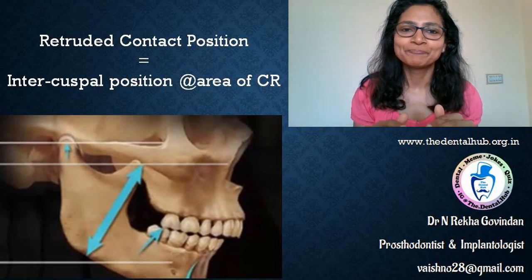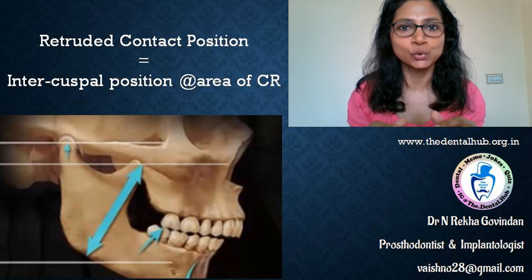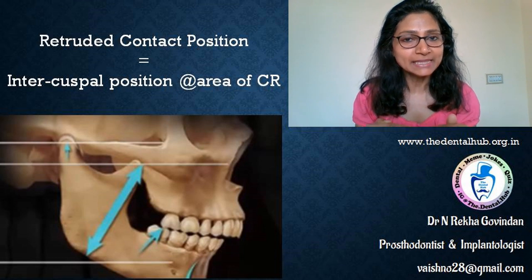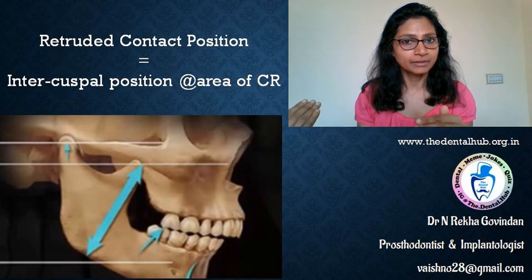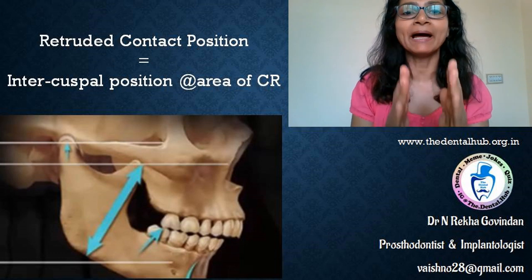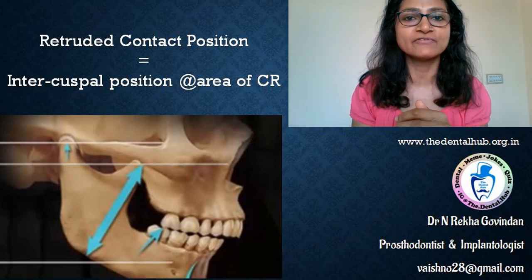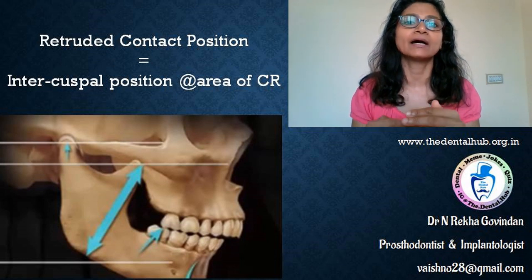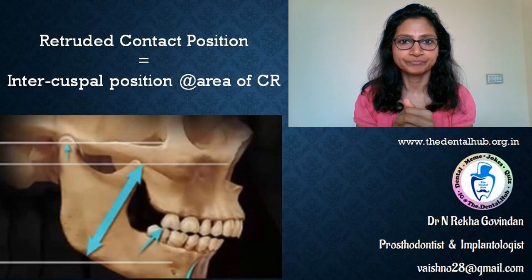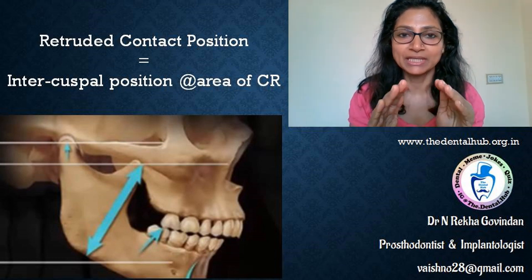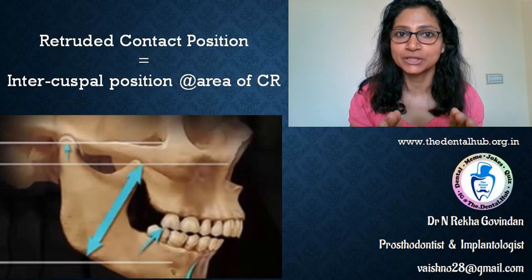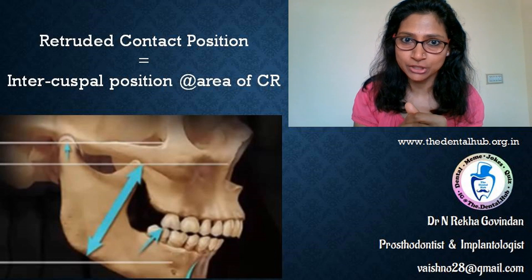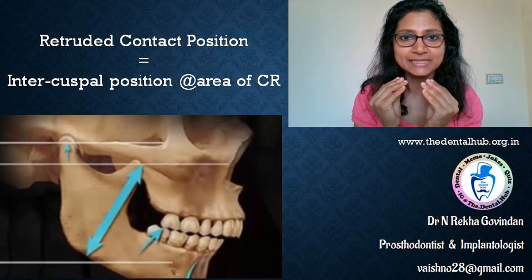This is nothing but the pattern of contact of the occlusal surfaces of maxillary and mandibular teeth when the mandible is in centric relation is identical to the pattern of contact when the cusps and fossae are in maximum intercuspation. In other words, you are establishing an occlusion such that the patient's teeth are in maximum intercuspation when the mandible is in centric relation.